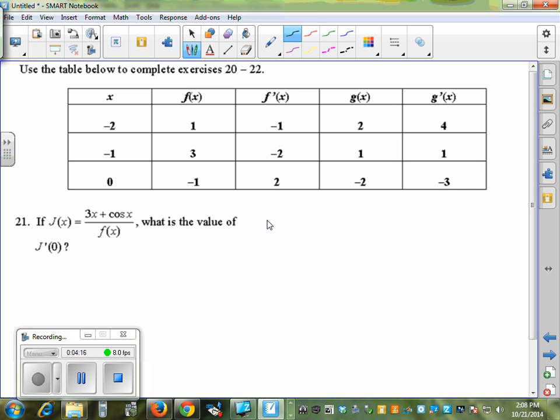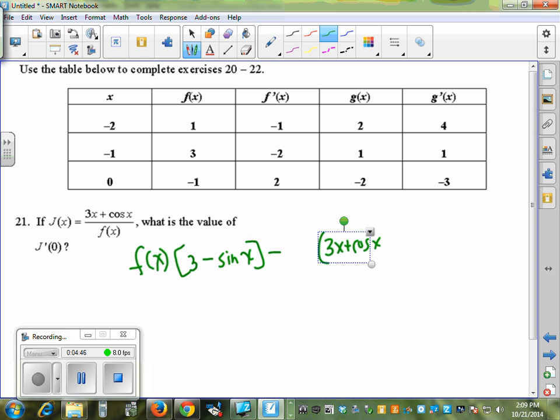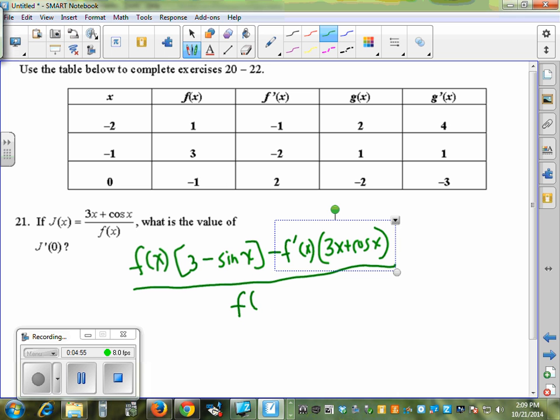Moving on to number 21. This time all they want is the value of the derivative, so I don't have to find the point of tangency. I can just go ahead and start with my derivative. Sing with me, please. Low d high minus high d low, square the bottom, and away we go.